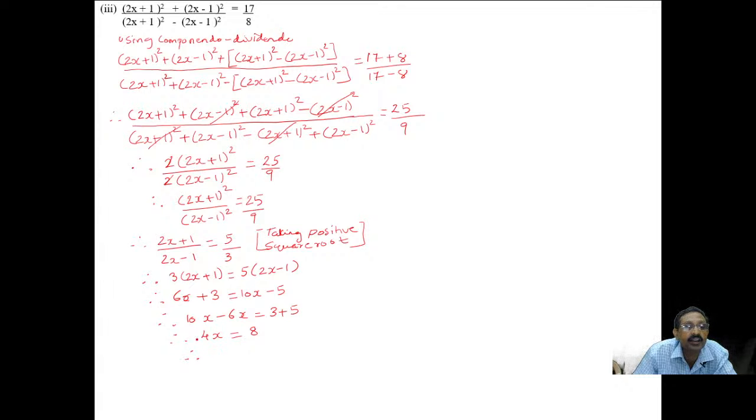Therefore, see here, I want the value of x, and x is multiplied by 4. When I bring this 4 to the other side, what it will become? Division. Therefore, x is equal to 8 upon 4, which is 4 twos are 8. Therefore, x is equal to 2. So we got the value of x is equal to 2. We can write that x is equal to 2 is the solution of the given equation.